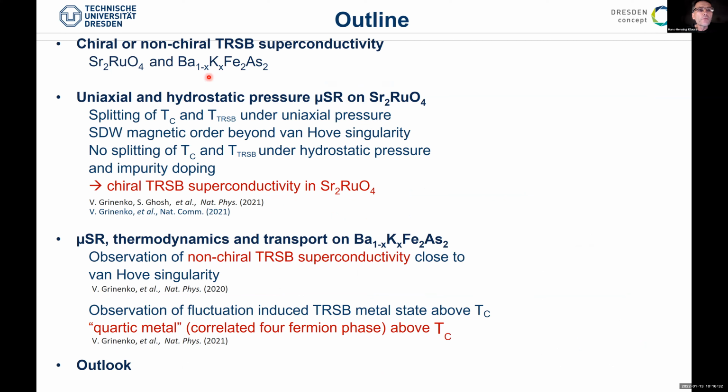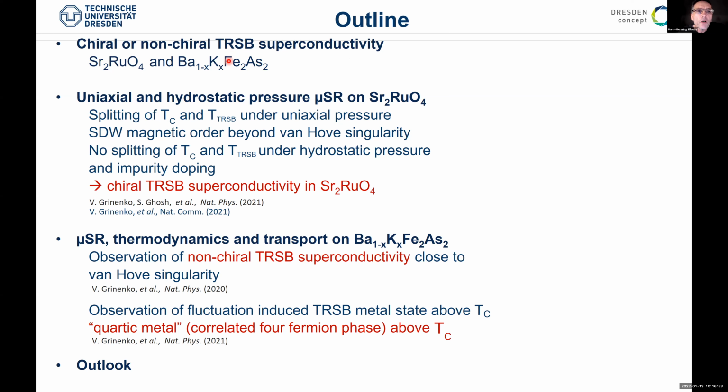Okay, so first I want to say some words about the models for, basically, in my talk, only two-component orbital time reversal symmetry breaking superconductivity. So yesterday we had already a talk by Valentin Taufour about a very new, different kind of time reversal symmetry breaking superconductivity.